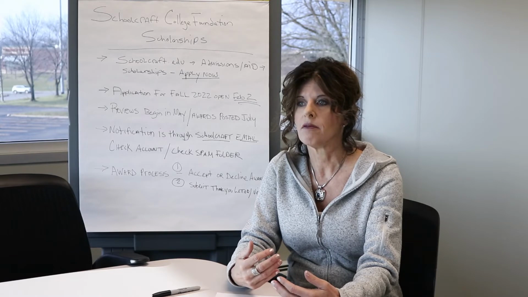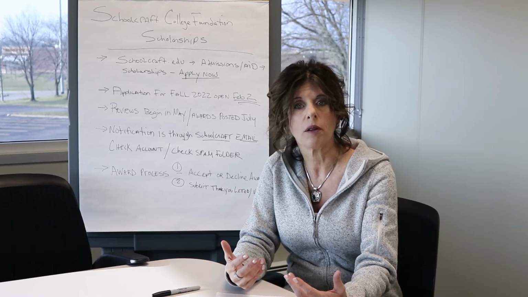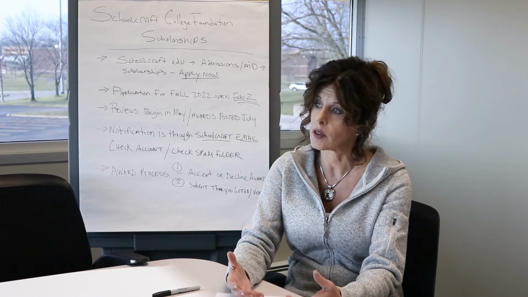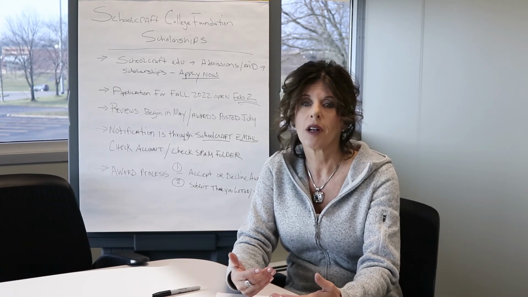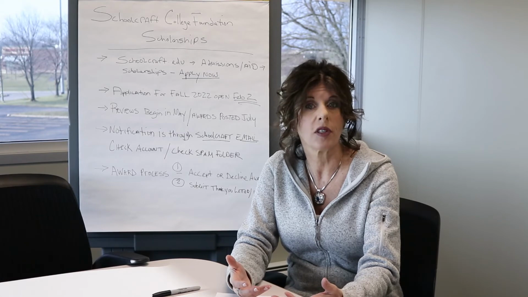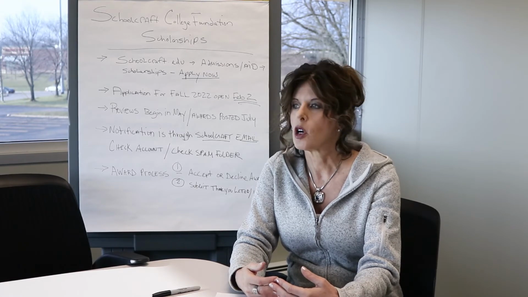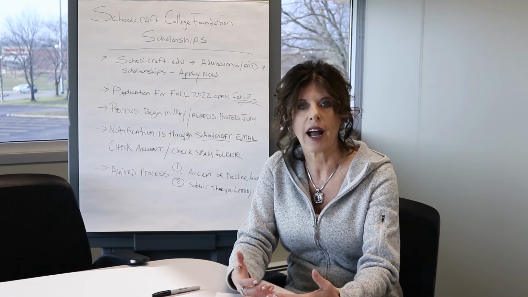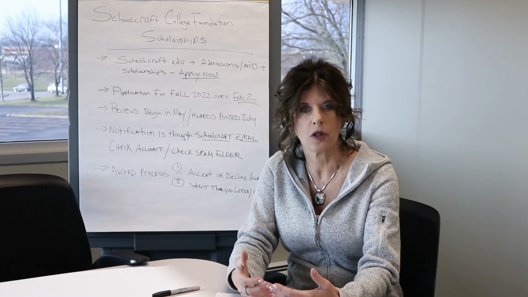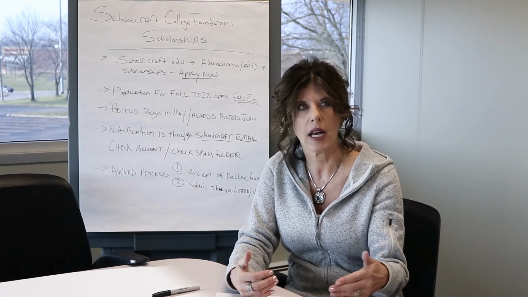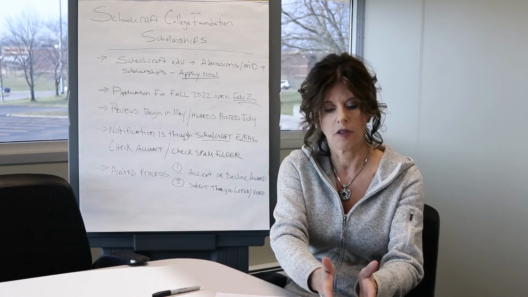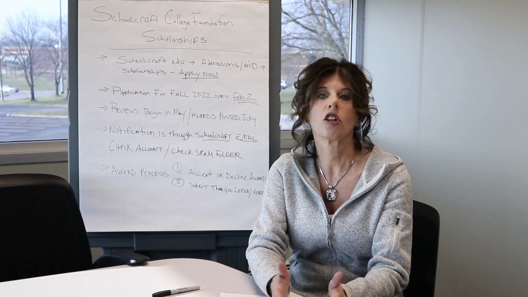If at any time we have a scholarship that comes open and you were the student that was next in line to receive it, you could be getting a notice in the middle of the semester that you just received a scholarship award. So checking your Schoolcraft email account is a really important thing to do throughout the semester, because it's never just a one and done where there's a finite window that's opened and closed.